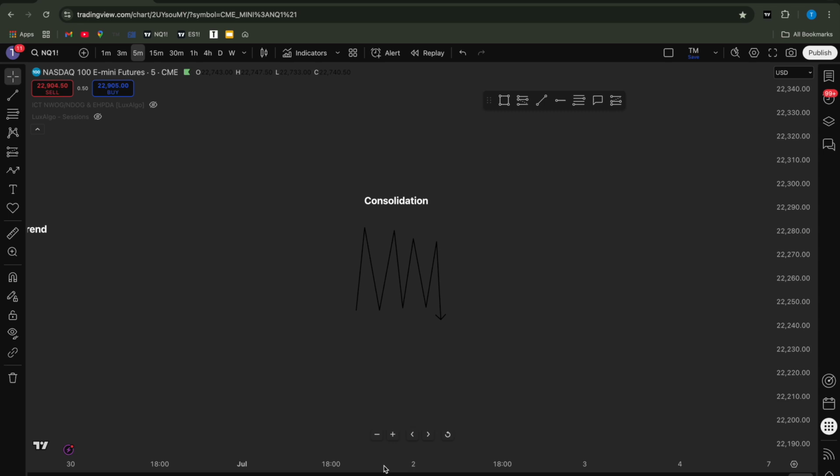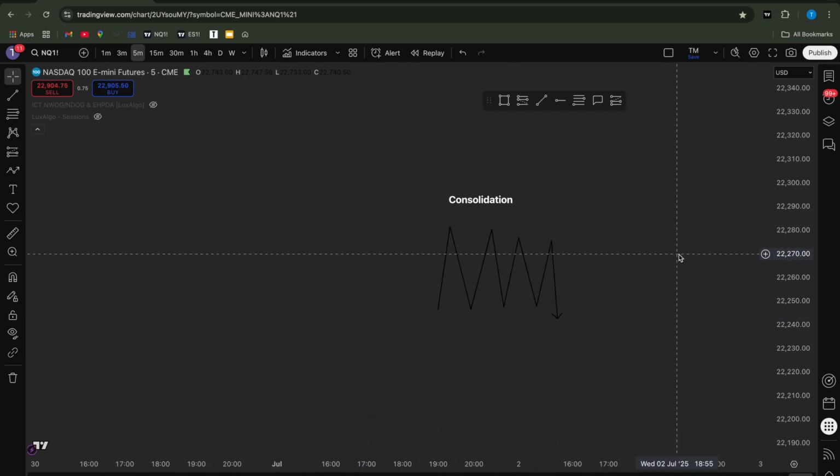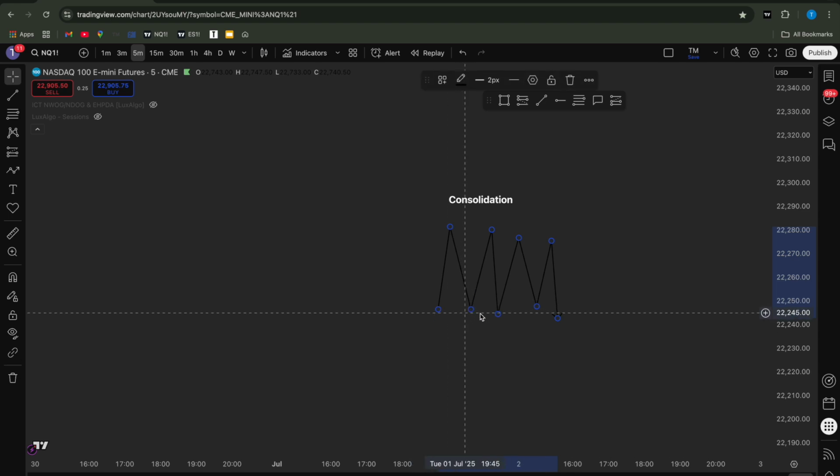Consolidation is just when price is moving sideways. It's not going in one particular direction. It's just barcoding, so it's just up, down, up, down, up, down. It might sometimes slightly break one of the lows, but then it'll just come back up.